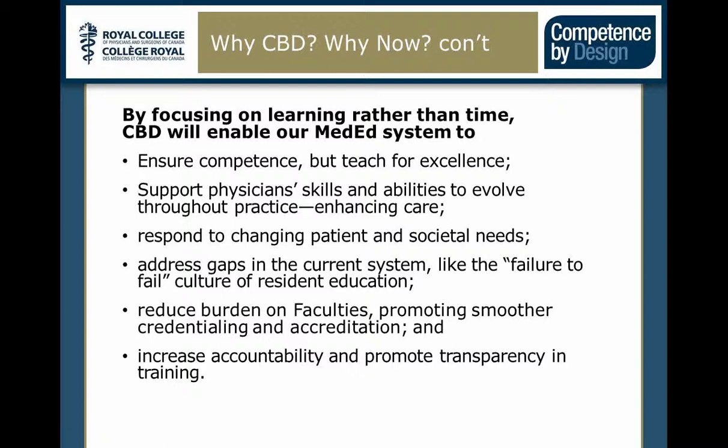An example is that we have a failure to fail phenomenon across the continuum of medical education. And it's been best documented in residency education, where we have some examples in the literature where sometimes a supervisor will just not have the data they need to hold somebody back who they have a sense may require remedial.